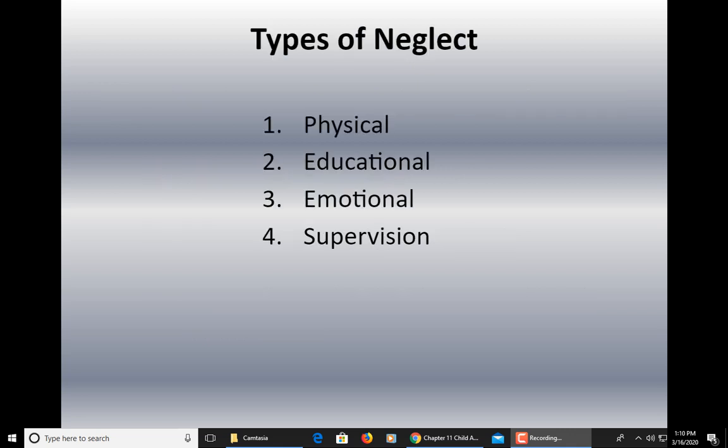So here are your 4 categories of neglect: physical, educational, emotional, and supervisory. I'm going to go over each category.